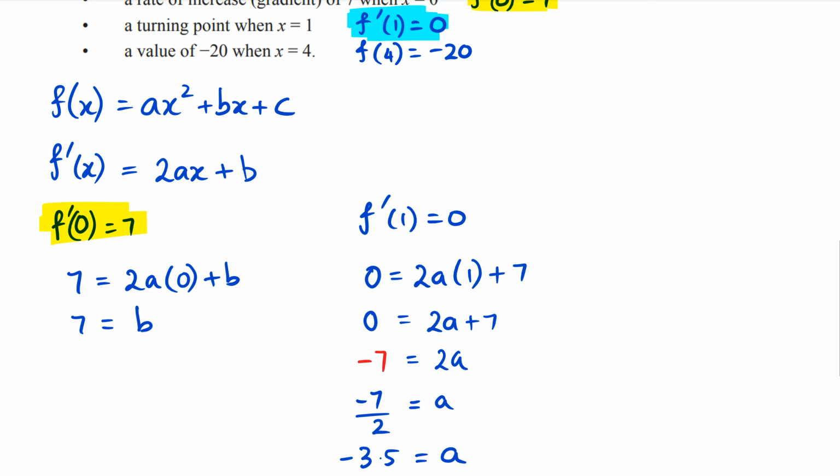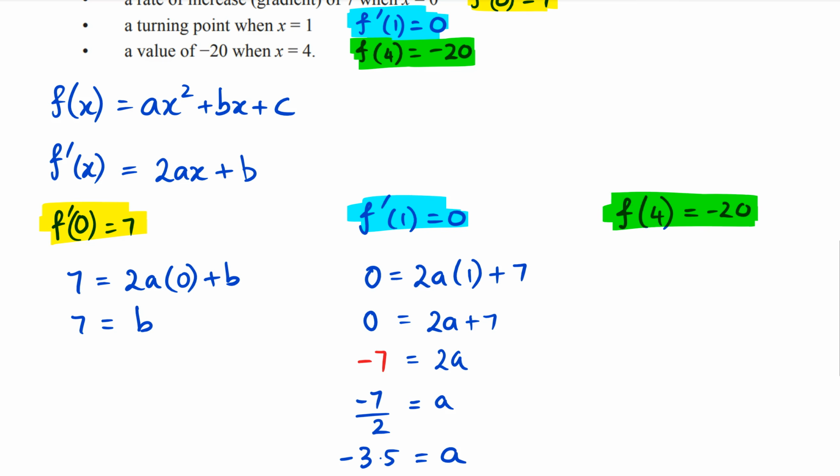So now we've figured out what a is and what b is, and finally we're going to use that last bit of information, which is f of 4 is negative 20. Now, instead of f dash of x, we're going to go back to f of x. So f of x is equal to ax squared plus bx plus c.